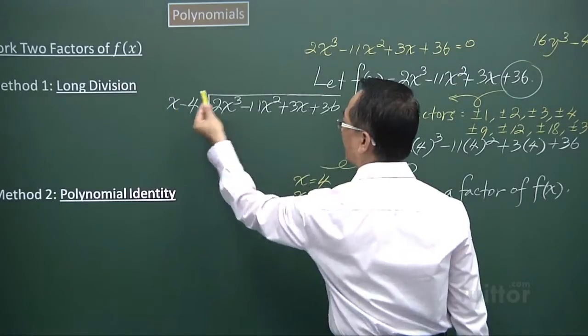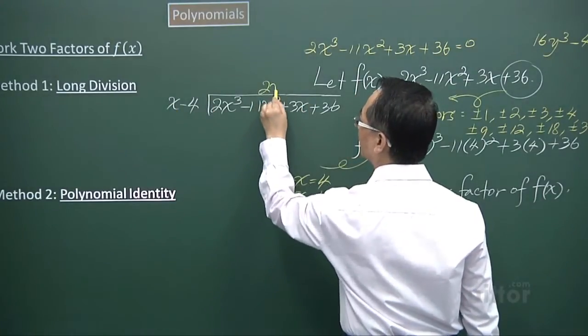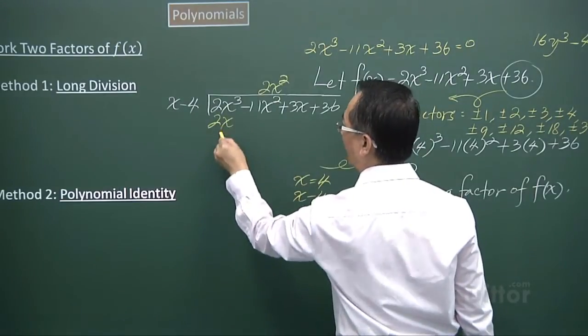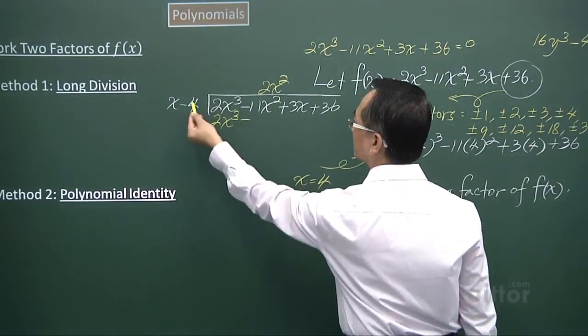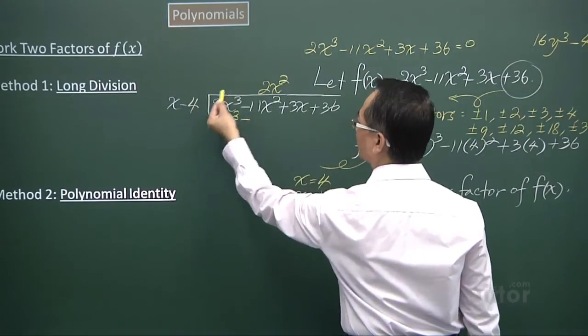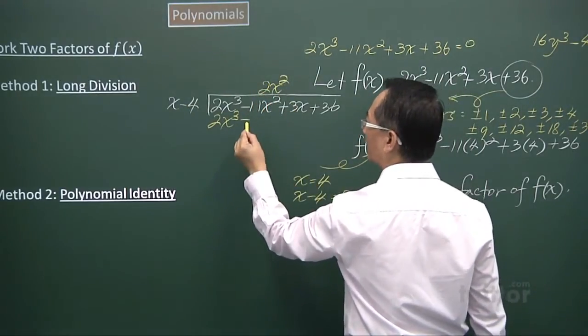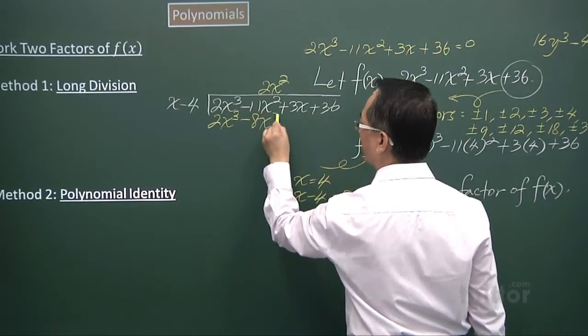So x times 2x squared, I'll get 2x cubed minus 4 times 2x squared will give me negative 8x squared.